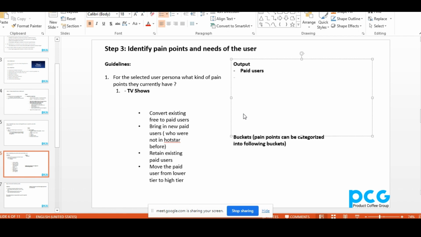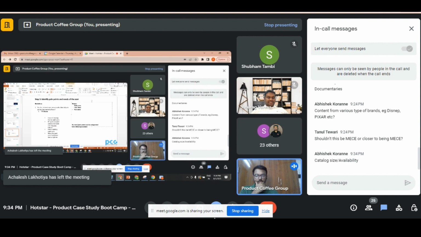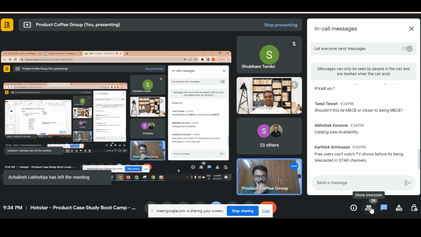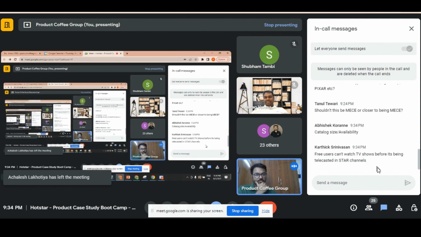I'm just writing down everything. Free users, non-users, that is, someone who doesn't have a Hotstar account. Okay, come on, open to you guys. Karthik is saying free users can't watch TV shows because it's before it's being televised on Star channels.